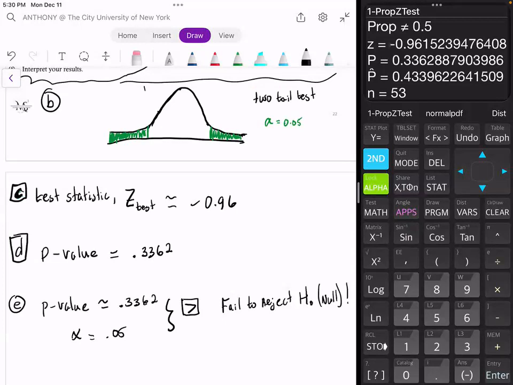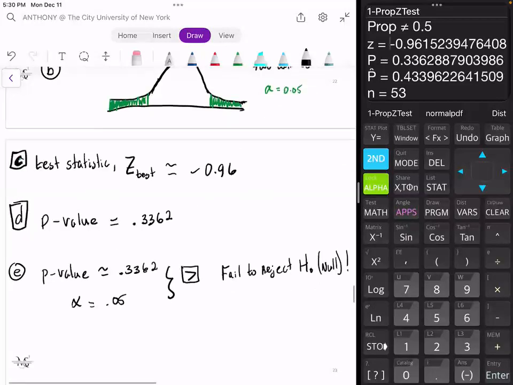All right. If you fail to reject the null, you move on to part F, which is where you, sorry, not make a decision, you interpret your results.